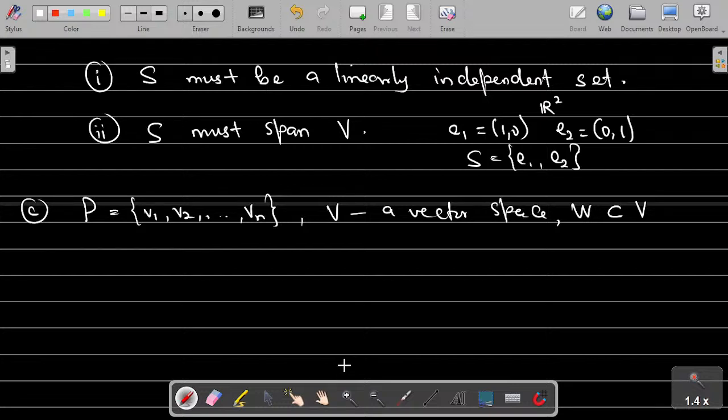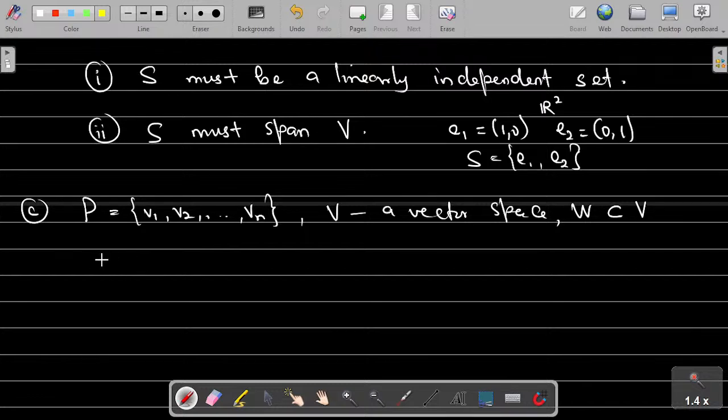All right, so what this is saying is that if you have a set of vectors P equal to this, containing vectors in a vector space V, then a subspace of V called W is defined as dash. That's actually what they're asking us to do. So a subspace W, you can define as simply a space that is spanned by this particular set of vectors.